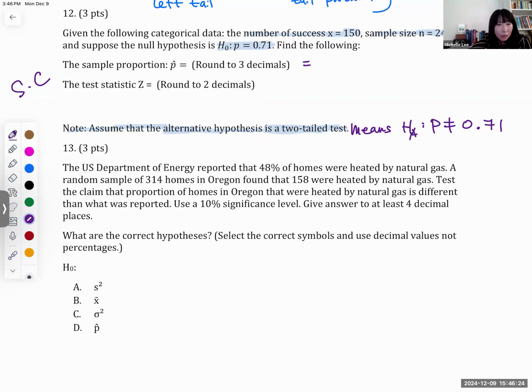It was 0.6198, so I'm going to answer 0.6... Okay, still 0.62. And this one is negative 3.09. Okay, all right.